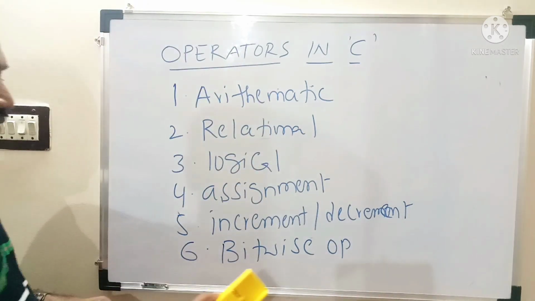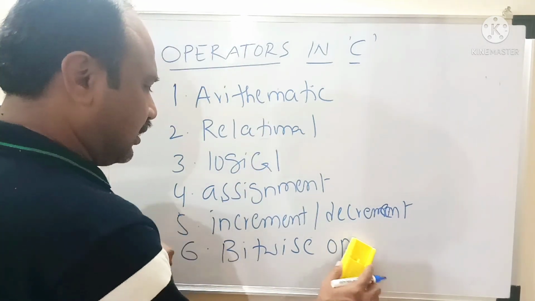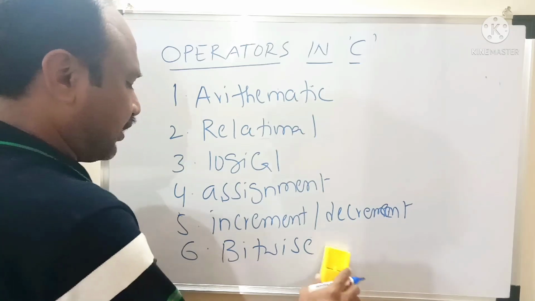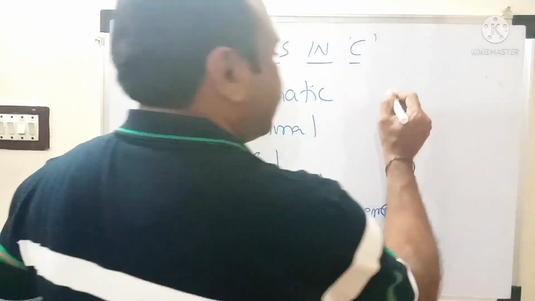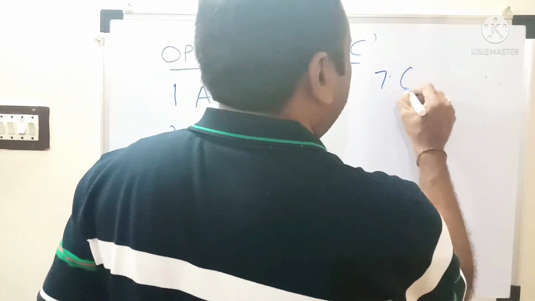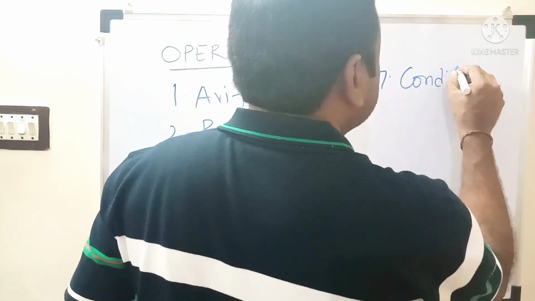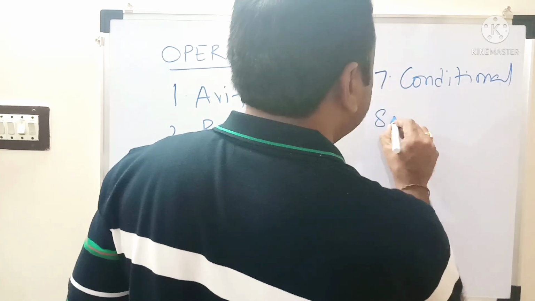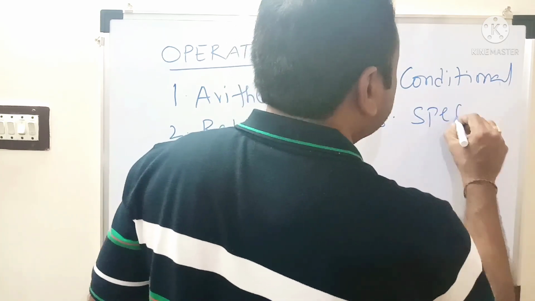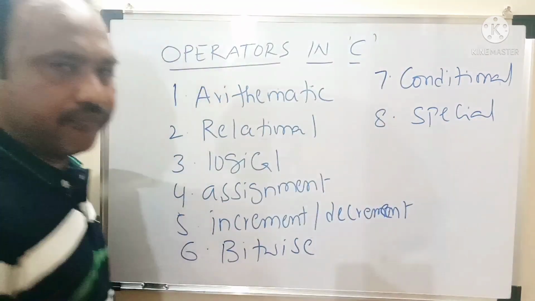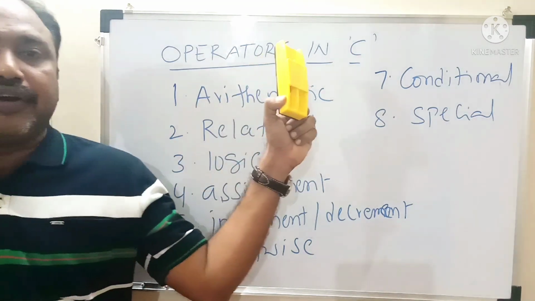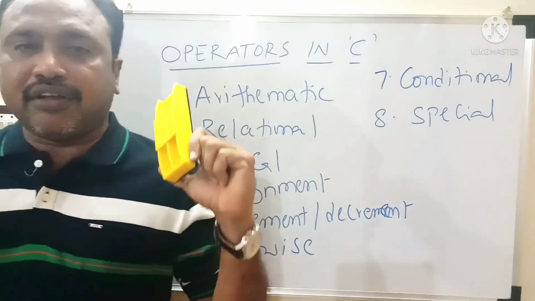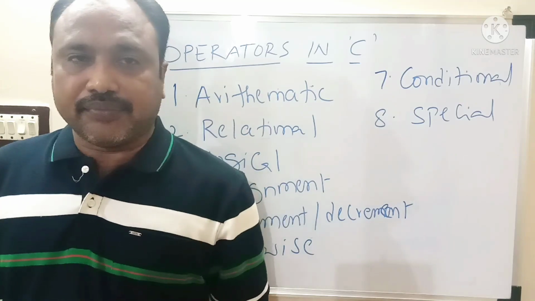Arithmetic, relational, logical, assignment, increment, decrement, bitwise operators. The 7th one is conditional operators. And the 8th one is special operators. These are the different types of operators supported by C language.